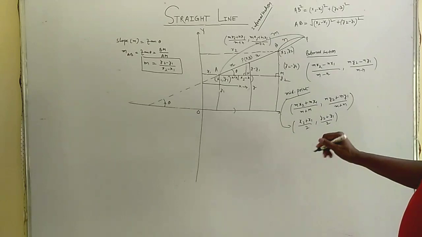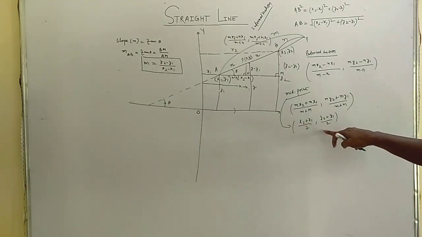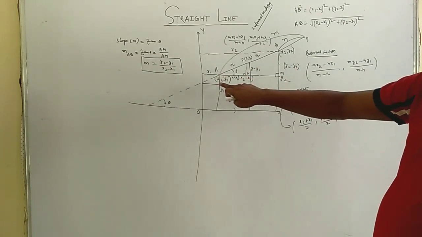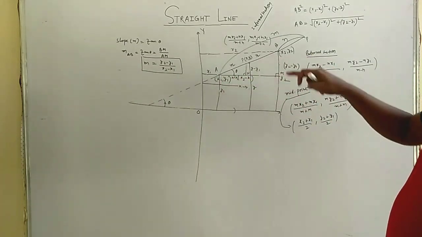This is the coordinate of the midpoint of the line segment whose extremities are x1, y1 and x2, y2.